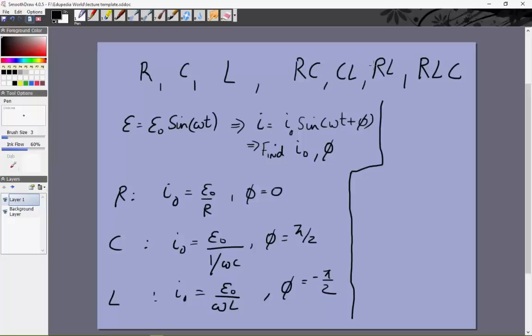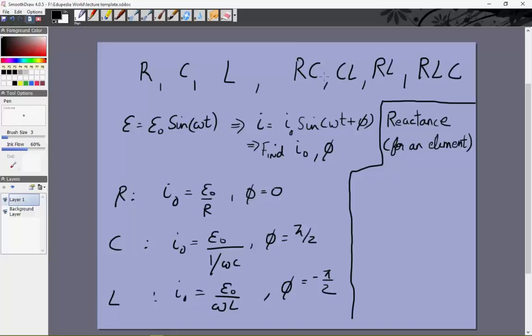Right. So before showing you the trick, I'll just show some definitions. The first definition is reactance. Reactance is always defined for an element. What is an element? R is an element, C is an element, and L is an element. In LC circuits or CL circuits, you'll have two elements.